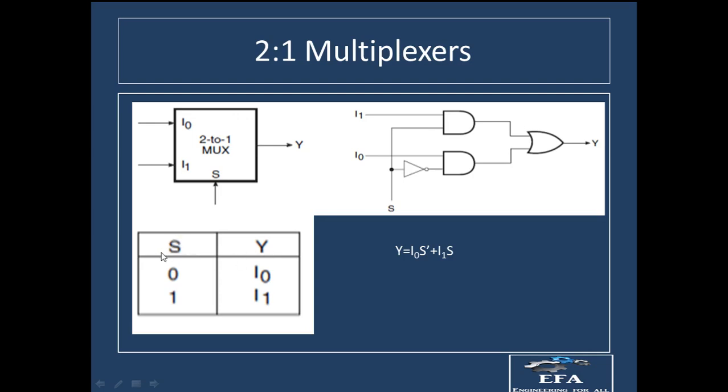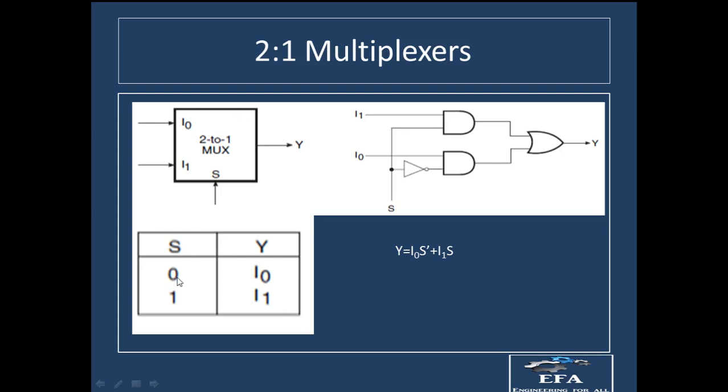S is having either zero value or one value. If S is equal to zero, then Y will be equal to I0, that is the information coming at the first input line goes at Y. If S is equal to 1, then whatever is coming at I1 will go at Y, so Y will be equal to I1.